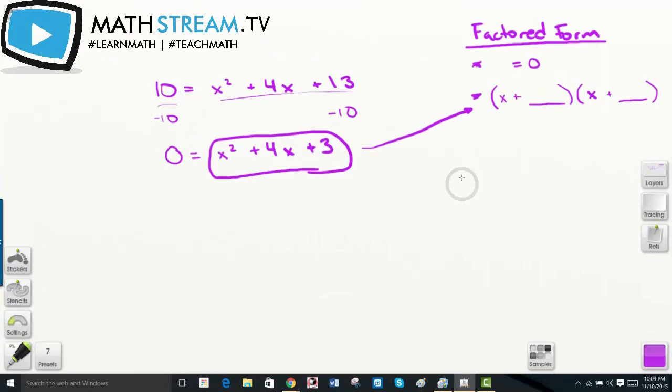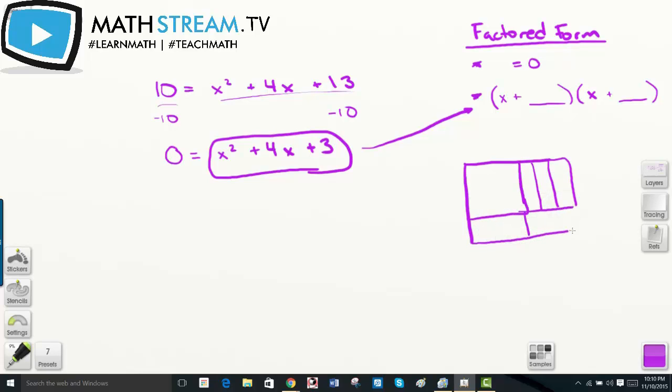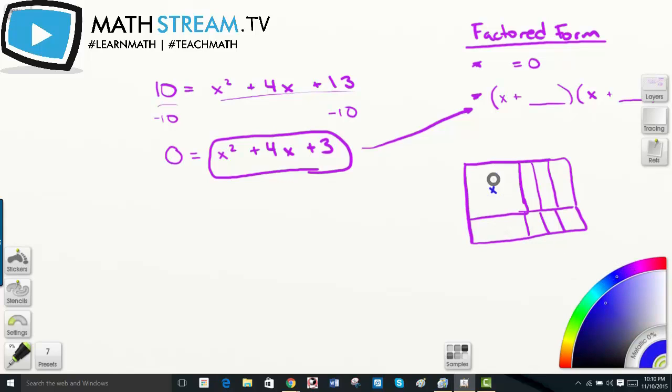Let's draw a little representation. We had our square, 3 x's there, 1x down here. That's not the neatest representation ever, but that works. So this was our x squared, our x's, and our 1's. And we said that this is now the same as the width, which is x and 1, because we're thinking about it in terms of measurement.